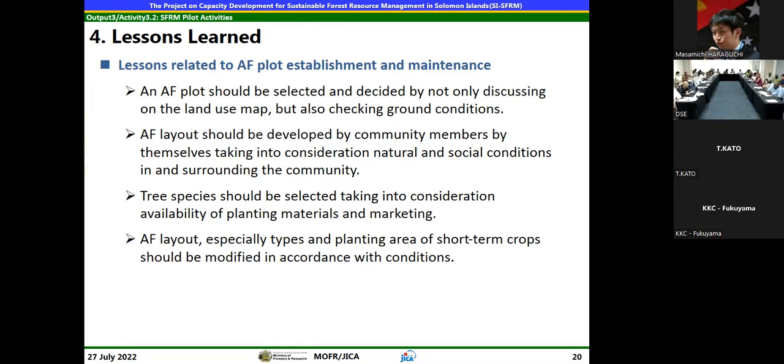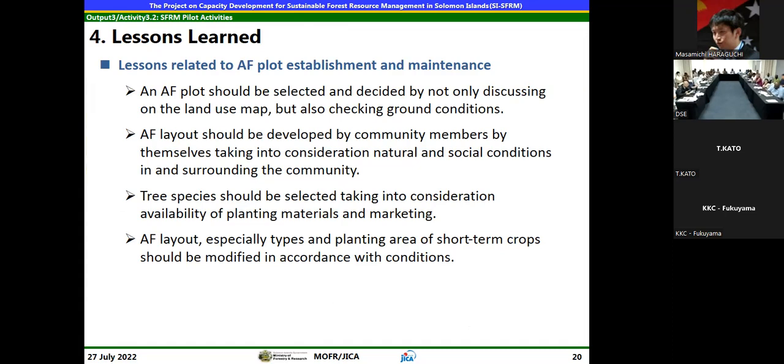And the layout should be developed by community members themselves, taking into consideration concerns of surrounding communities. Because it is their land and natural resources, the layout should be given to the community themselves. Trees should be selected taking into consideration availability of plant materials and marketing.